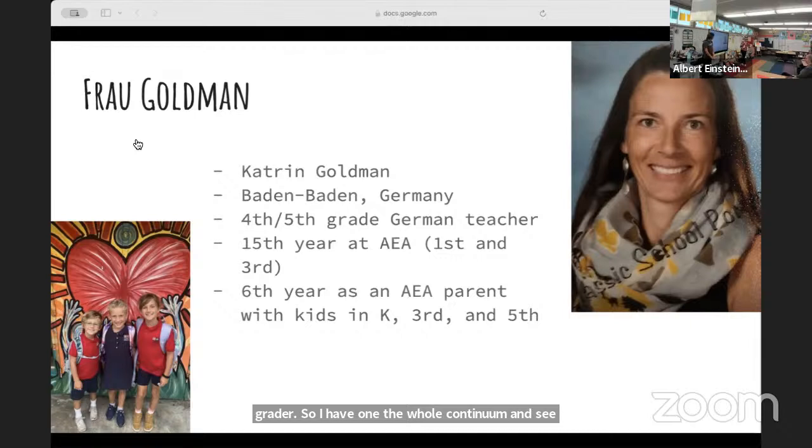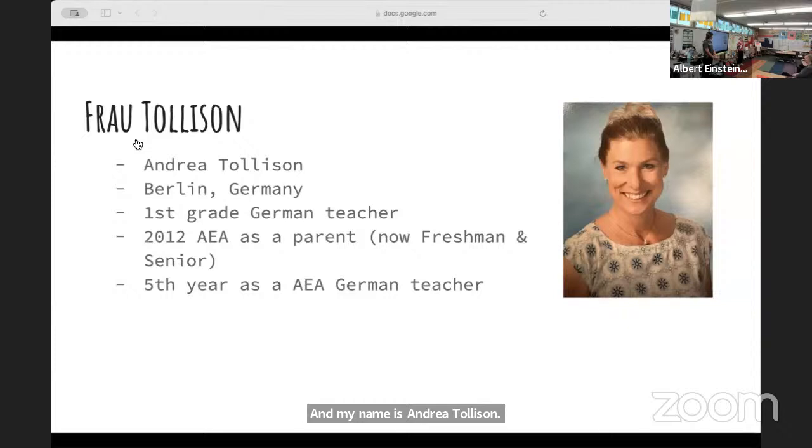And my name is Andrea Tollison. I'm Frau Tollison, and I actually came to Einstein in 2012 when my daughter started kindergarten. My sons followed in 2014 or 15 even. They've since gone through the entire school system and exited as of this summer.